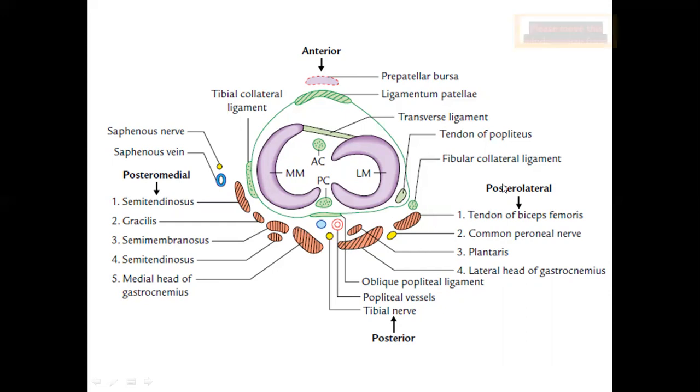Actually, we have to discuss posteromedial and posterolateral. Posterolateral are the tendon of biceps femoris, common peroneal nerve, plantaris, lateral head of gastrocnemius, oblique popliteal ligament, popliteal vessels, and tibial nerve. Posteromedial we have the tendons of semitendinosus, gracilis, semimembranosus, and the medial head of gastrocnemius.